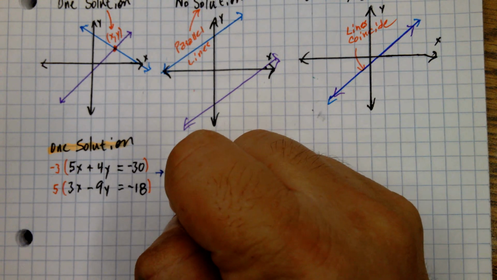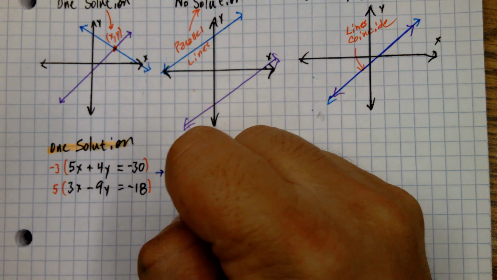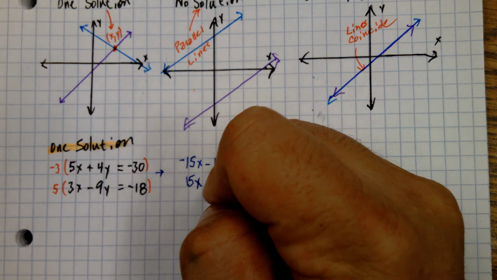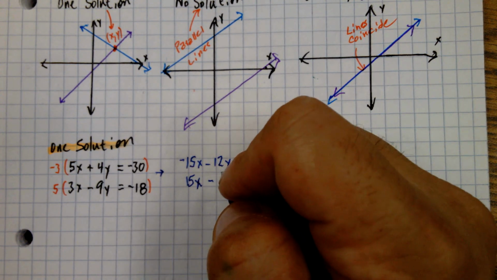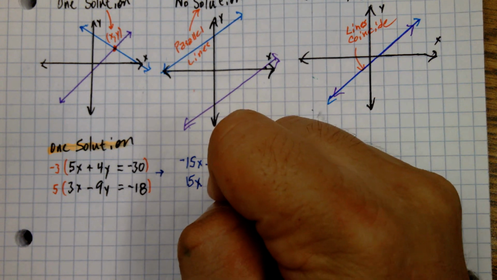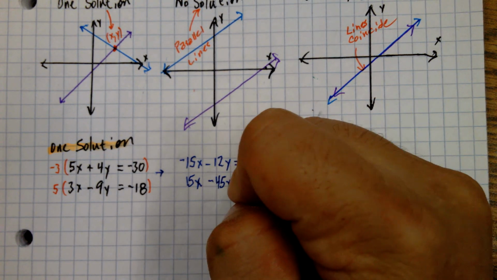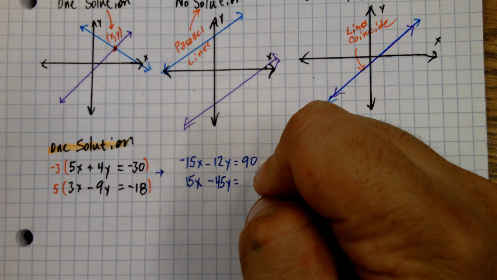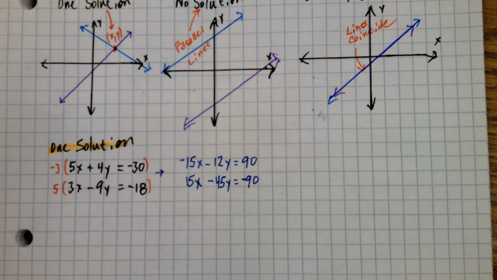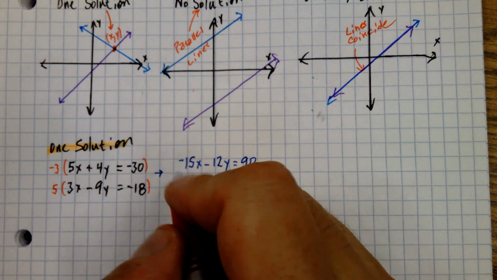Now we're going to have 15x minus 45y equals negative 90. Okay, well, let's see what this gives us.